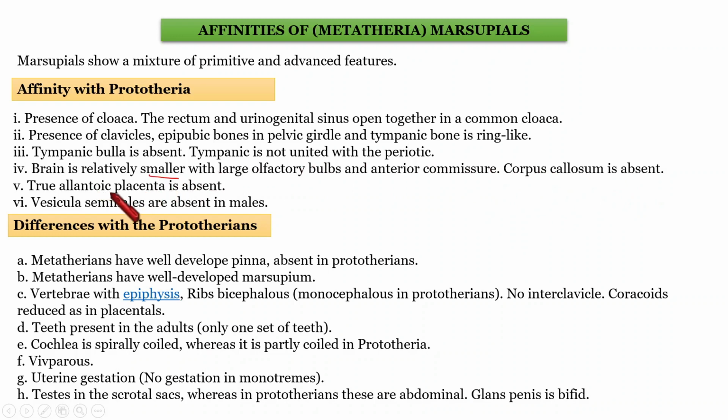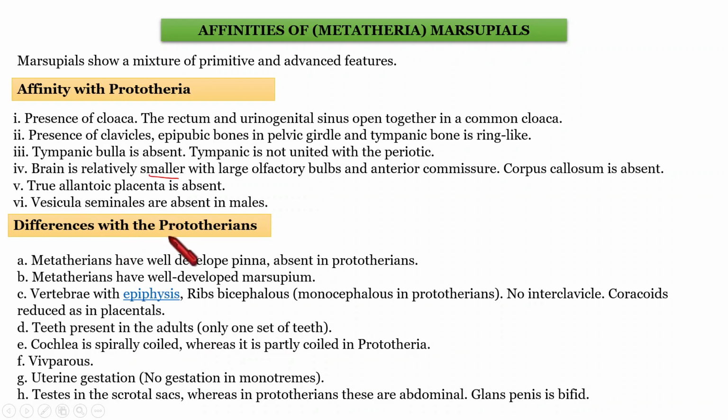True allantoic placenta is absent in both. And vesicula seminalis is absent in males in both prototheria and metatheria. So the affinities are over. Then we are going to see what the differences are between prototheria and metatheria.